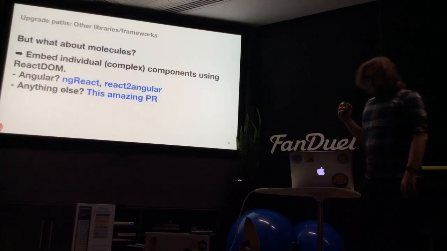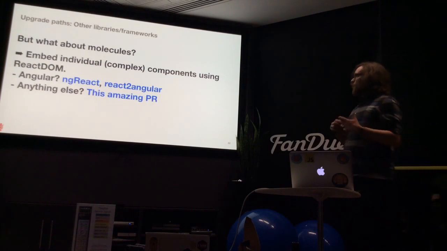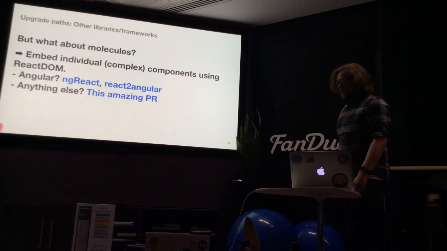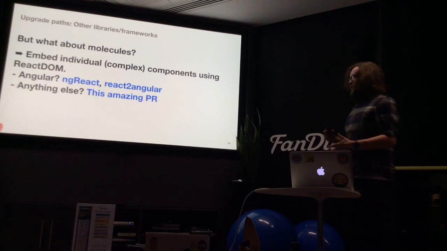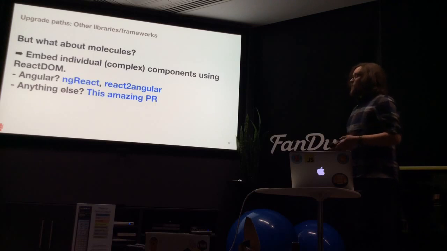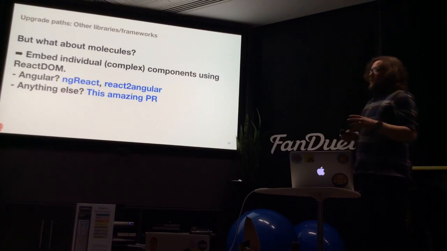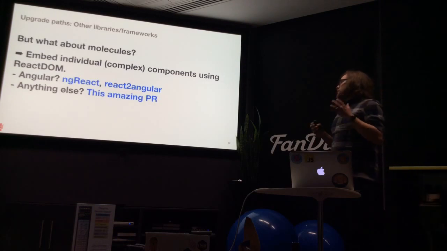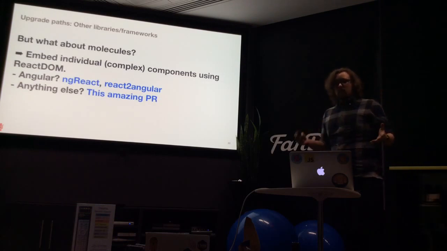So if you want to go a bit more complex and use molecule level things like calendars or accordions that also provide functionality, it's not that simple. So what you can do is embed individual components directly using React DOM.